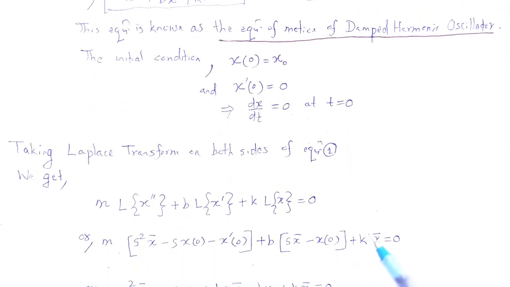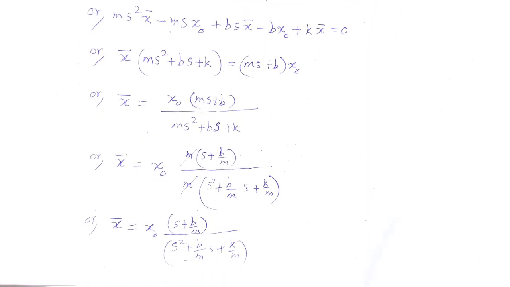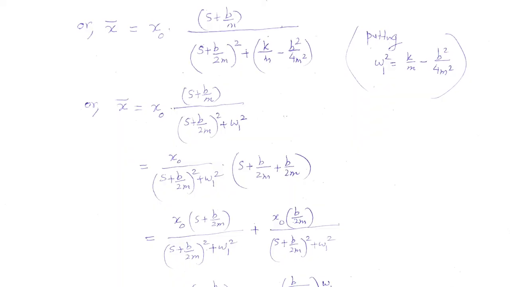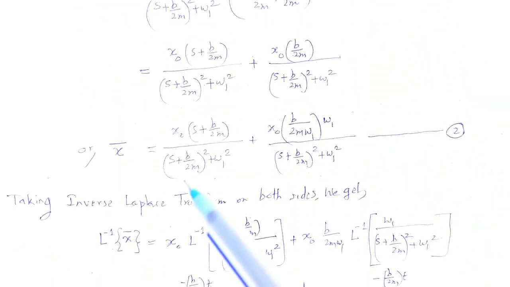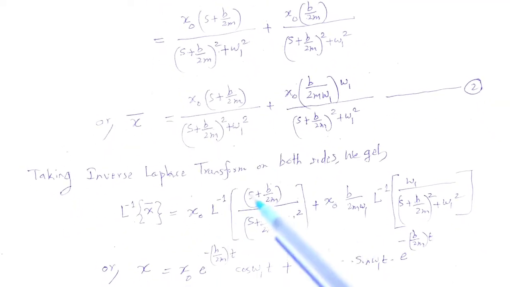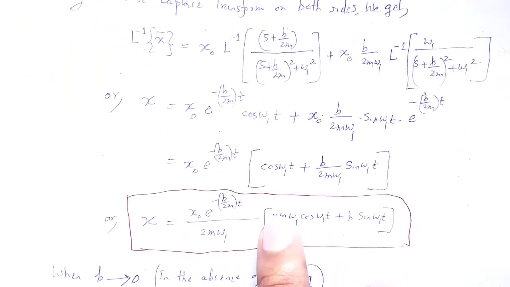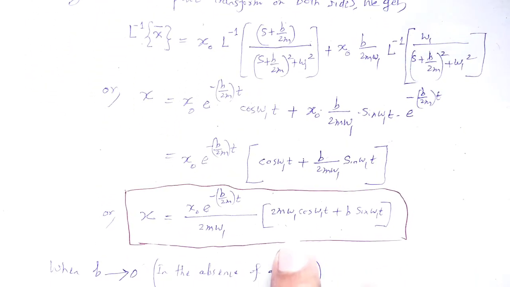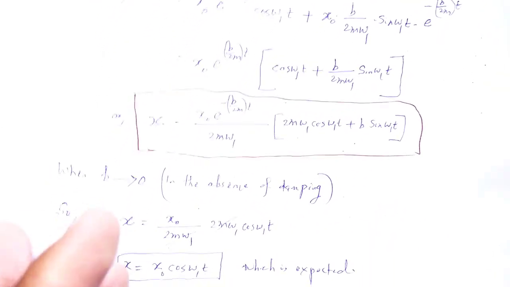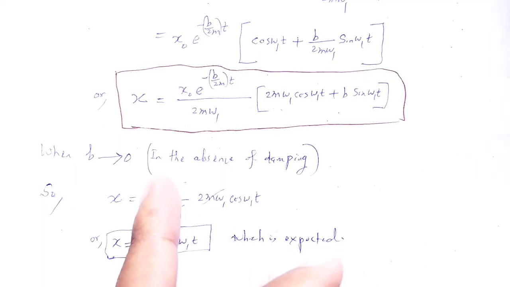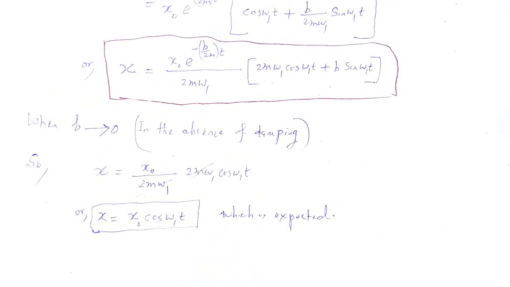Then using Laplace transform and proceeding, putting some substitutions, and finally to have the solution by taking inverse Laplace transform on both sides. This one is the solution for damped harmonic oscillator. From the damped harmonic oscillator equation, we can easily convert to that of simple harmonic oscillator when the damping is missing. That equation is reduced to simple harmonic oscillator.